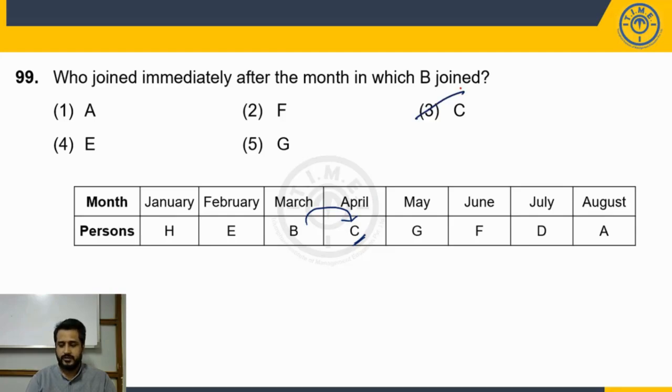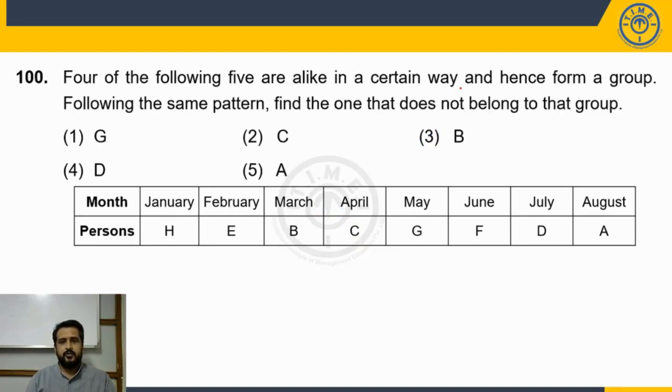The last question. 4 of the following 5 are alike, find the odd one out. G joined in the month which has 31 days, because the question is based on scheduling, months based. So the logic will be related to months. C joined in the month of April, 30 days. B joined in the month of March, having 31 days.